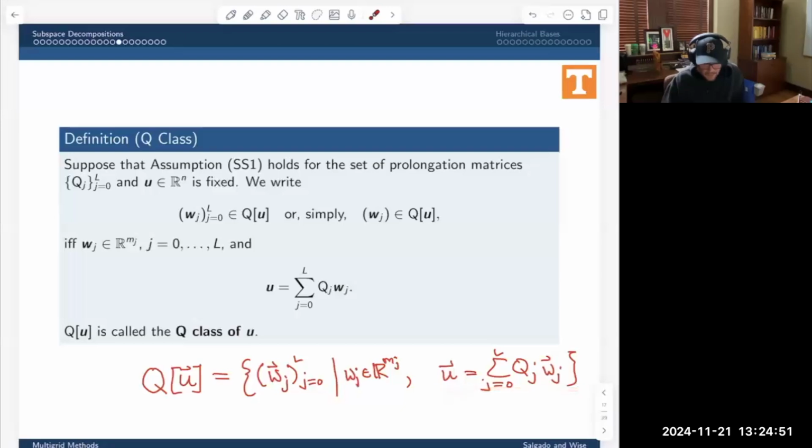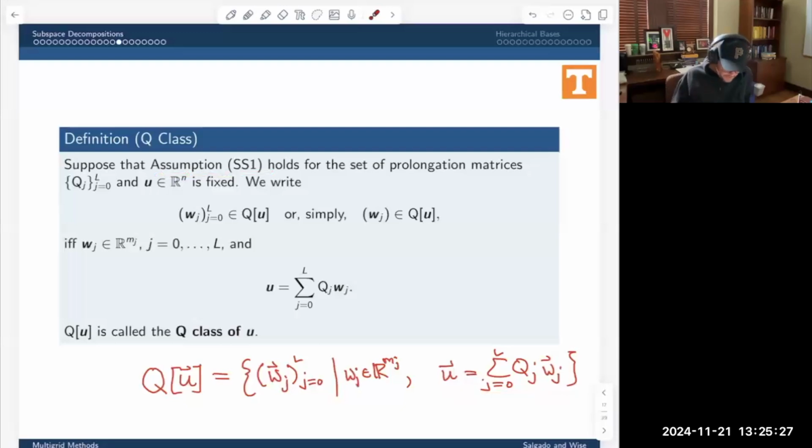Now, if there's only one way to do that, if it's completely unique, and it turns out if I use a hierarchical basis methodology, it's always going to be a unique way, that means there's only going to be one element in the Q class. So this is called the Q class of U. Again, think about it like this. I'm given these prolongation matrices, and I'm given U. If these support a subspace decomposition of Rn, that is to say assumption SS1 holds, then I'm always going to be able to break any U into a sum like this.